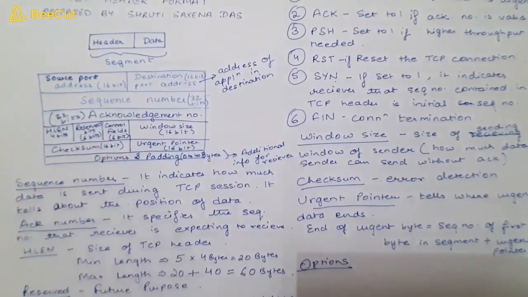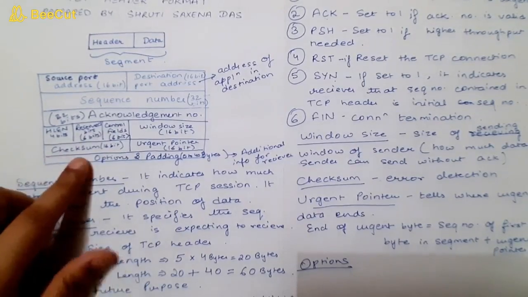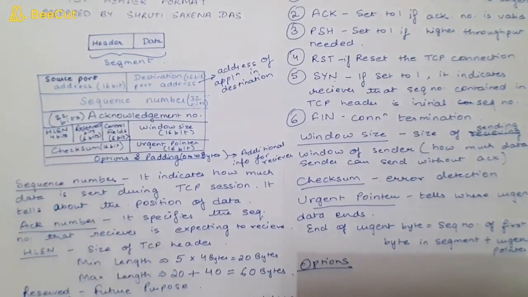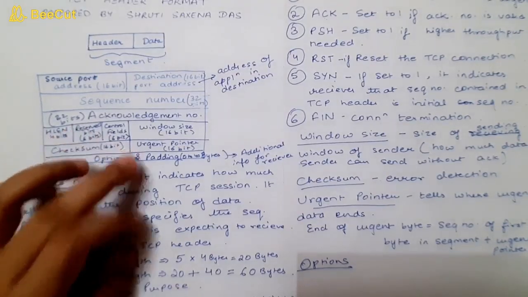Then window size tells how much data a sender can send without receiving any acknowledgement. Then we have checksum for error detection, and in case the data you are sending is urgent, if the URG field in the control bits is set to 1, then how much data is urgent can be computed using the urgent pointer.